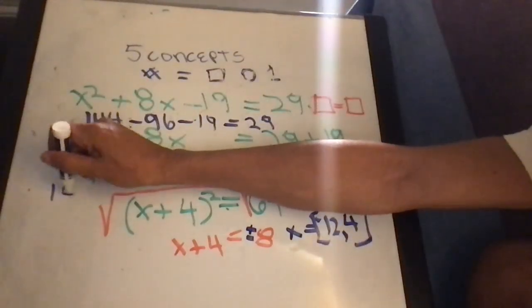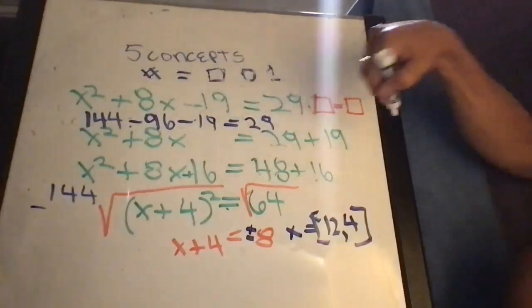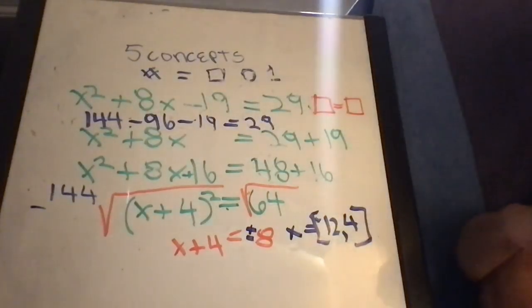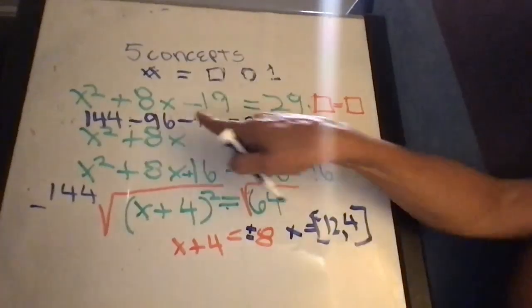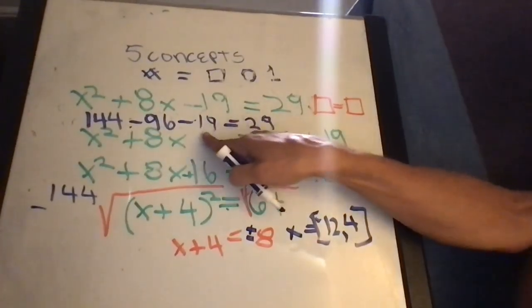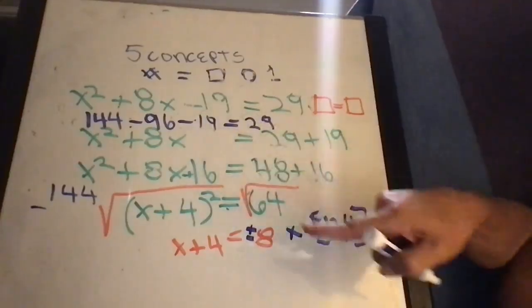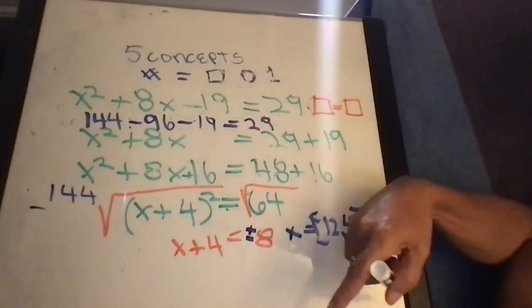Okay, so what I'm going to do, I got 144, and I'm going to take away, because a lot of you guys can't do it this way in your head. You gotta line it up like this. And let's just do 96 and 19. Okay, this is 96, and then it's 19 more 96. We're going to go negative and negative some more. And, you know what I could do? Because it's 19, I'm just going to do 20.